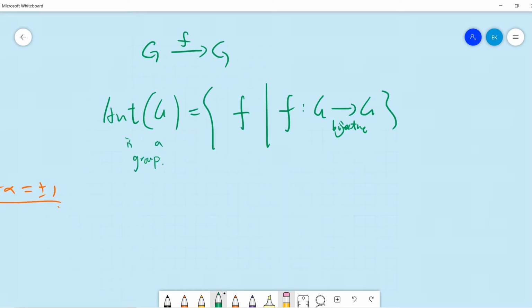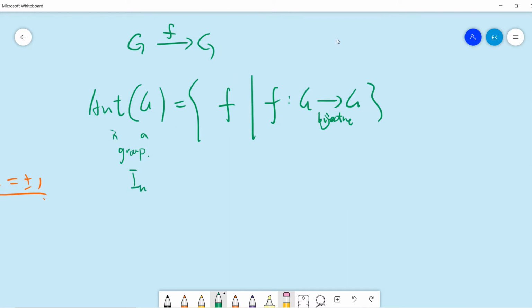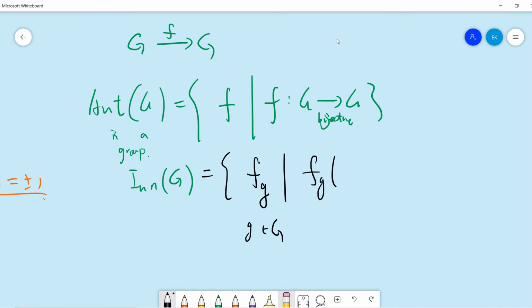One special subgroup of it is the inner automorphisms. Basically, the inner automorphism is the F labeled by g, where F_g is well defined: if somebody gives you h in the group, you define F_g(h) to be g h g inverse. This is very natural.